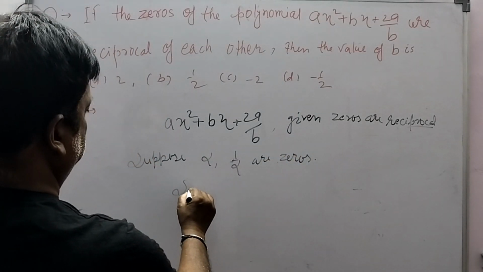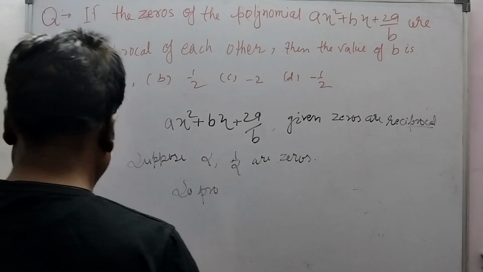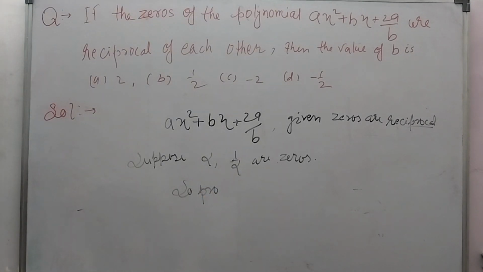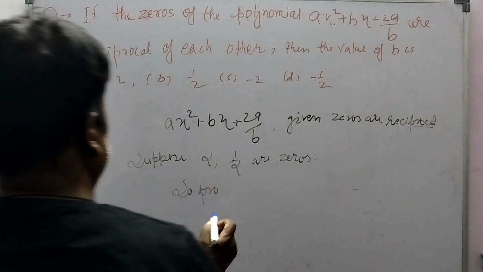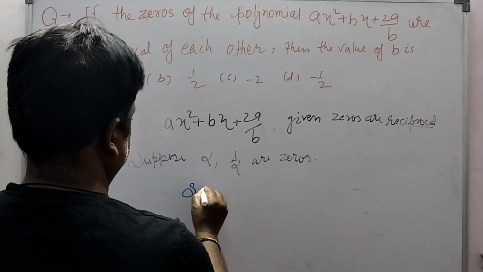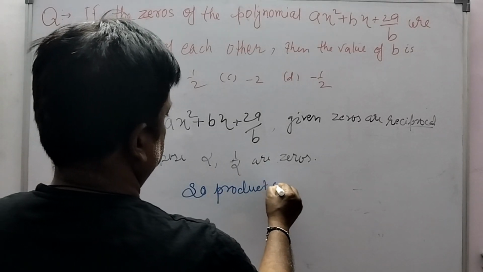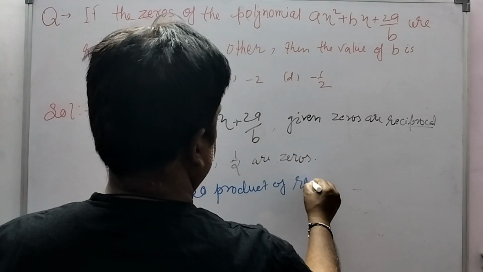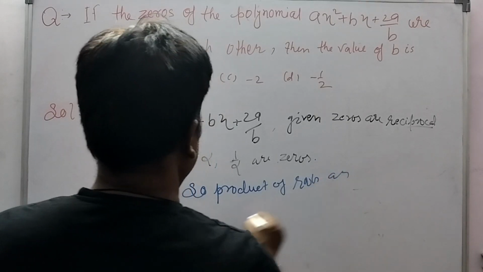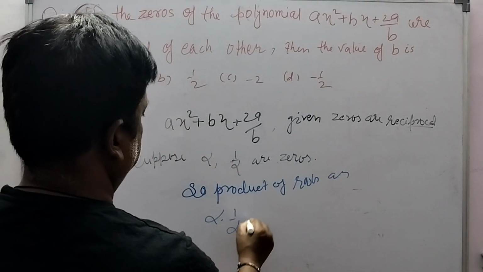So product of roots is alpha into 1 by alpha.